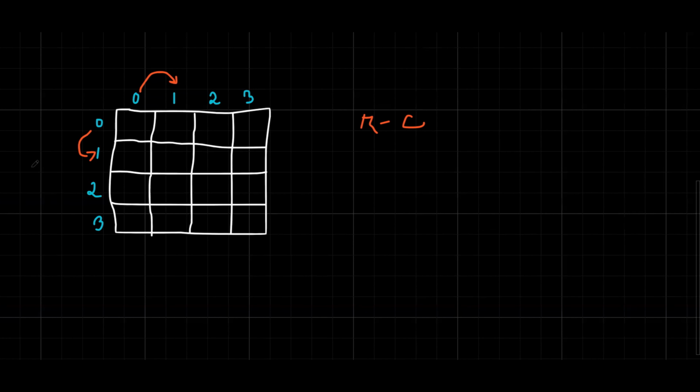Now, let's try to put all 4 queens onto the chessboard by using these 4 conditions. Suppose at first we place our queen into the second cell of the first row here. For this queen, we cannot put any other queen in this position, this position, this position, and so on.